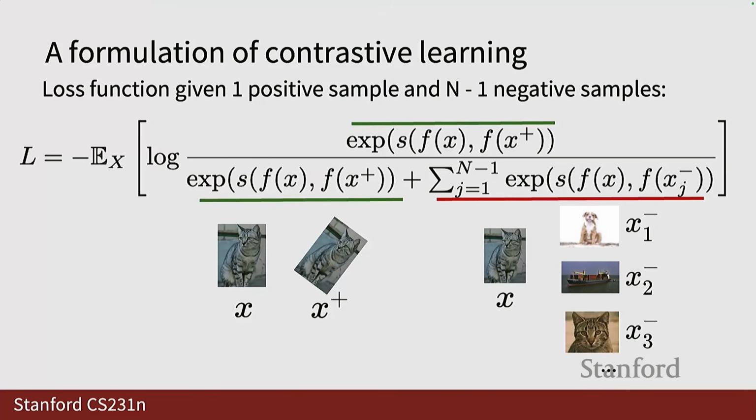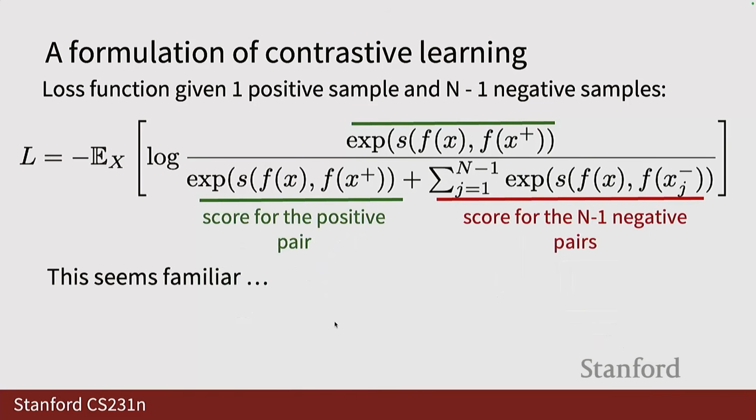Actually, we use the batch learning framework. All of the other samples that belong to other objects in the batch are taken as negative samples, and one of the transformed versions as the positive sample. So we define the loss function like this, with a score for the positive pair and scores for all of the other negative pairs.